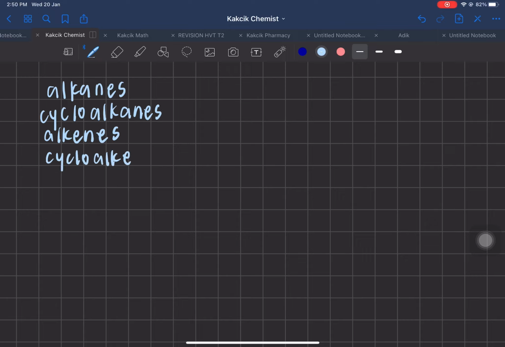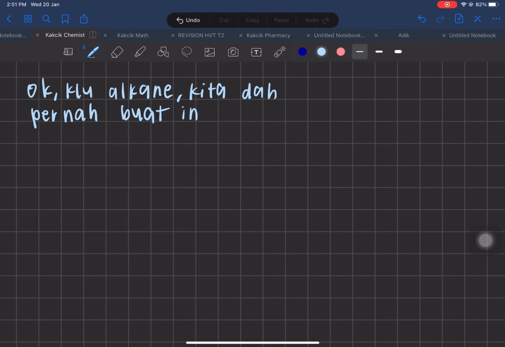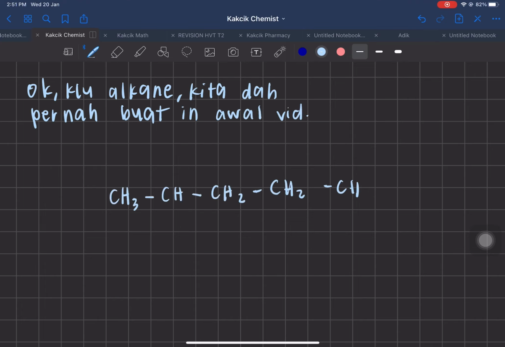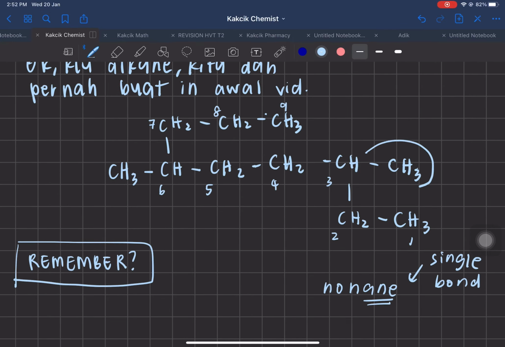So we start right away with how to draw them. For alkane, we know about nonane. If we remember, it is the same thing, with 2 branches. It's also the same question that I wrote, so you can refer back because it's the same thing.